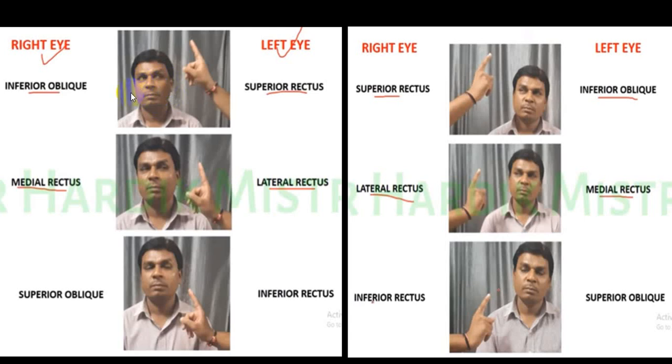In the right eye, it will be the medial rectus along with the muscle which moves the eye upward and inward. So the inferior oblique will be moving the eye upward, but medial movement will be done by medial rectus. So that will be the action.